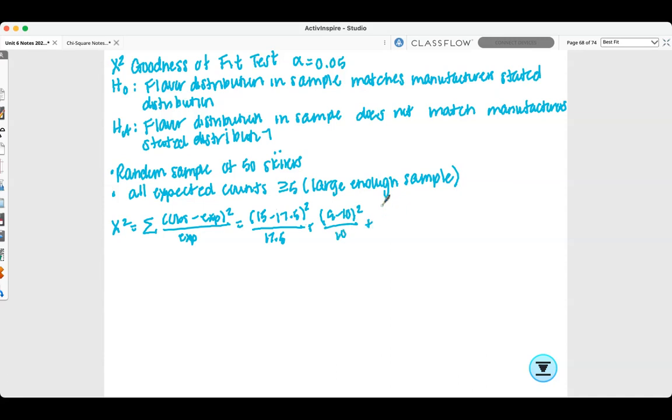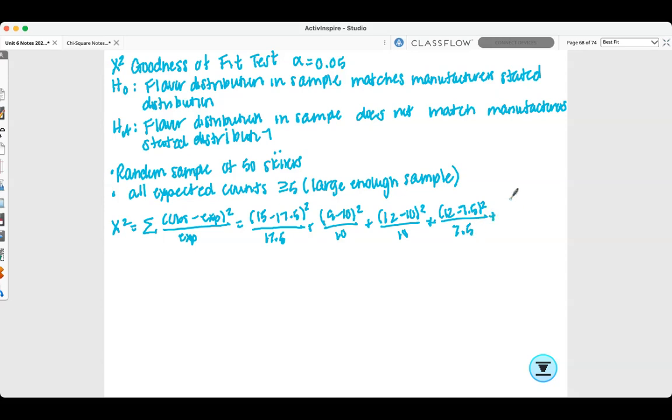Plus, next would be Eucalyptus, which would be 12 minus 10 squared all over 10. Plus lemon, which would be 12 minus 7.5 squared all over 7.5.